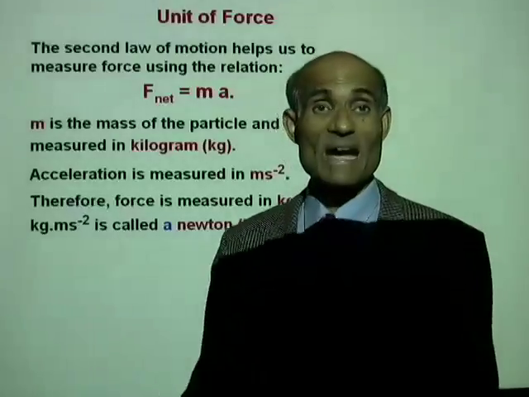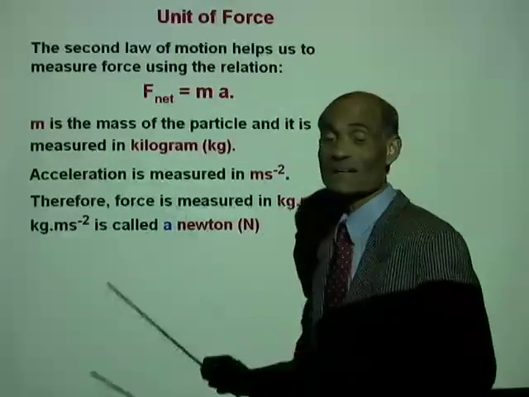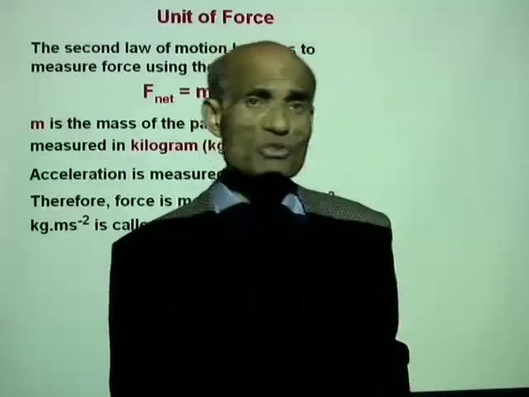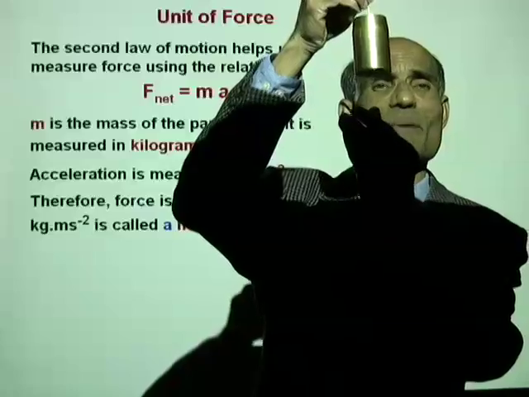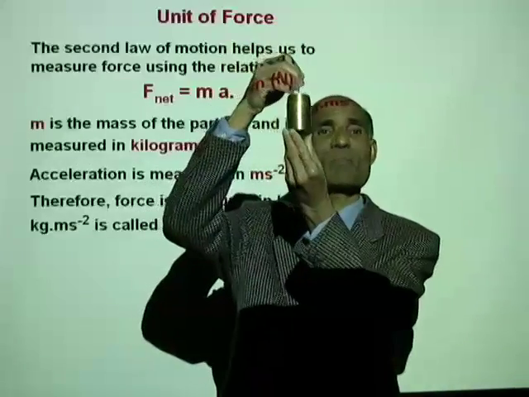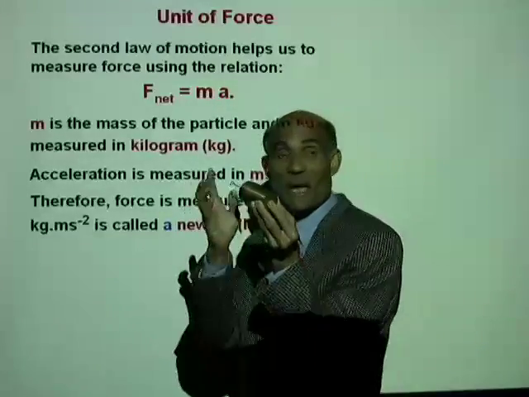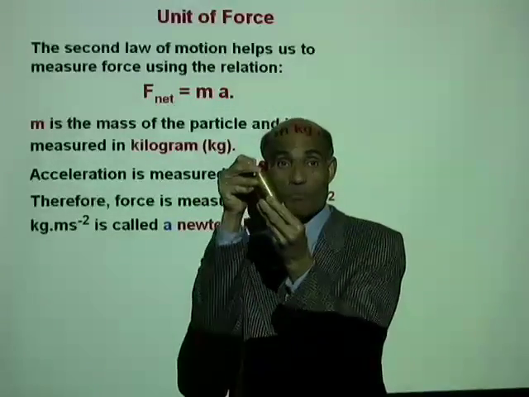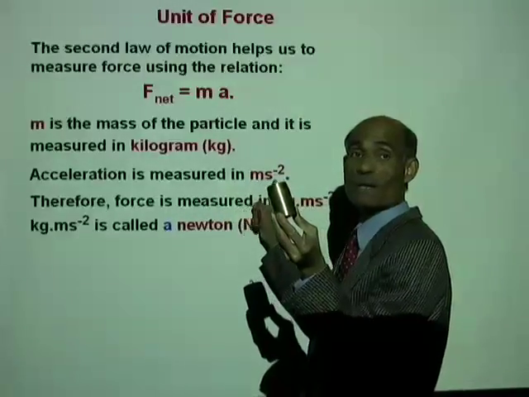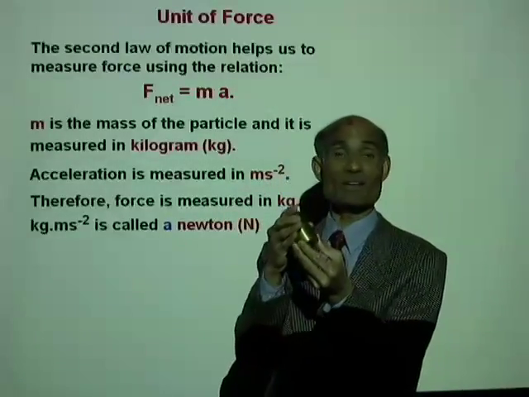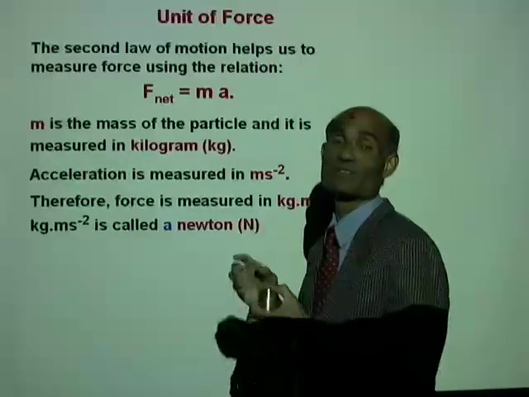And now, if I ask you, you have a fair idea how much is 1 kilogram, is that right? I have showed you here, I'm holding a mass of 1 kilogram. This is 1 kilogram mass. Now, the amount of force I need to apply on this to produce an acceleration of 1 meter per second squared, that much force is called 1 Newton.